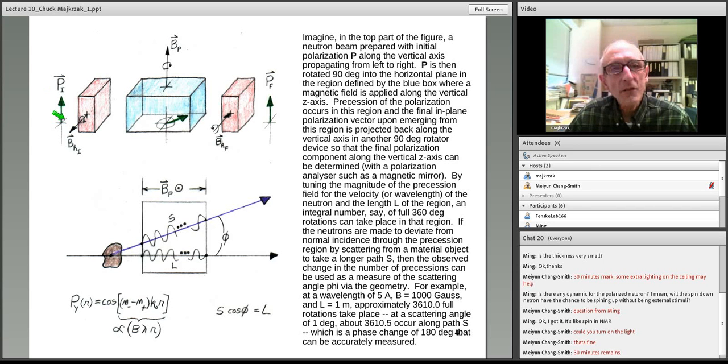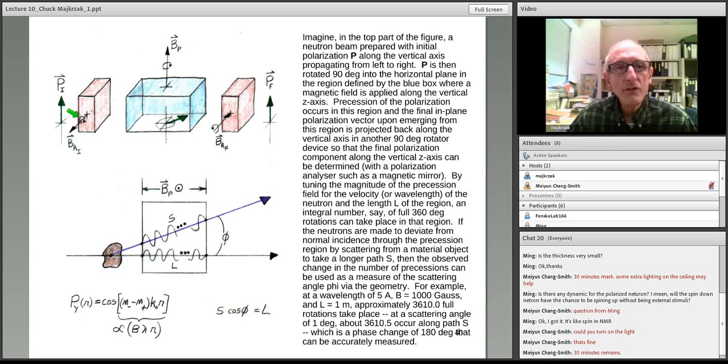Now, if those neutrons continue moving in a field pointing vertically, they will stay in that state indefinitely. But if we insert a well-defined region of space with sharp boundaries, which can be done with flat wire coils, where the field is directed orthogonal to the vertical, then in that region, as we showed in previous slides, the neutron can be made to rotate.